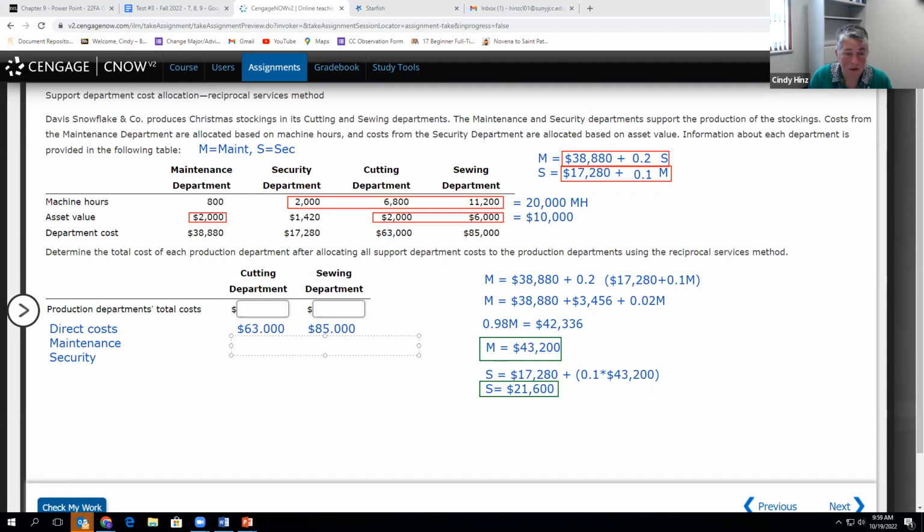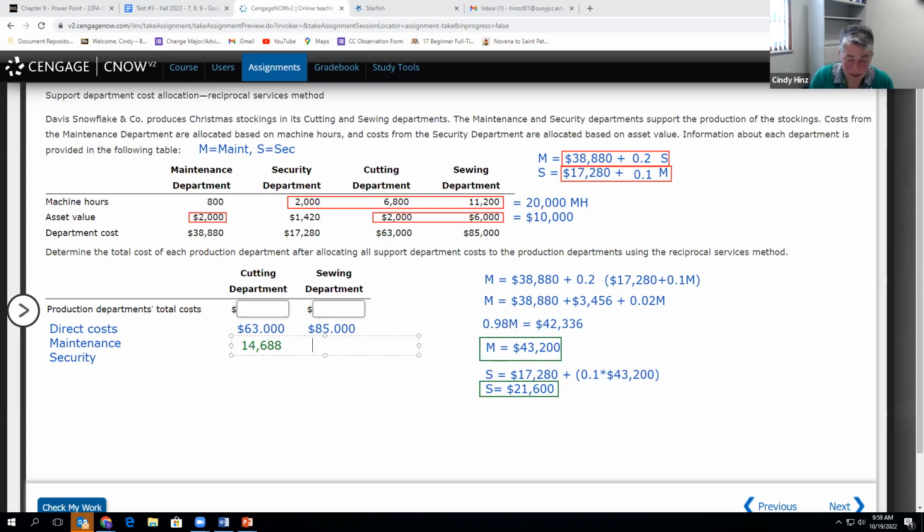It's going to receive 34% of the maintenance department costs of 43,200, or 14,688.